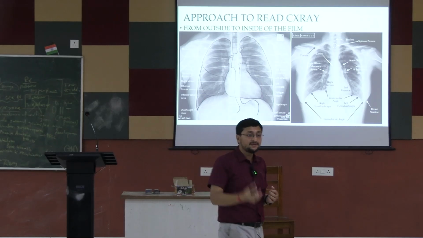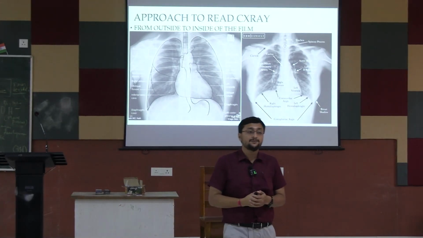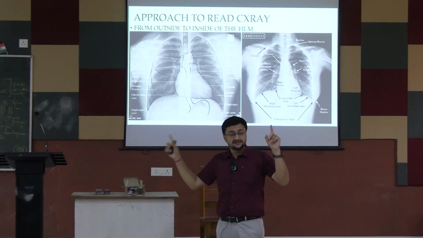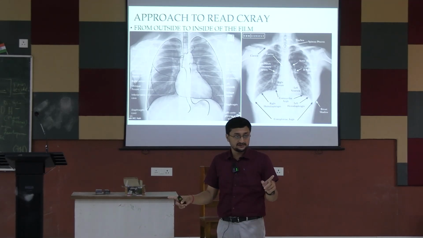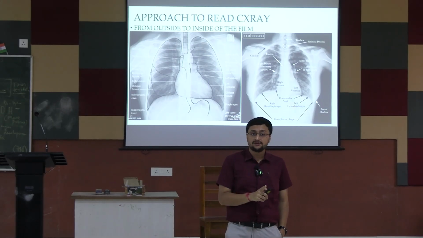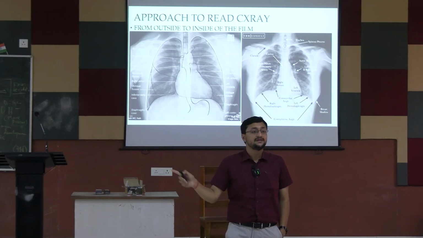That means maybe this is a case of surgical or subcutaneous emphysema. Okay? So the first is skeletal structures, soft tissue structures, then inside, the trachea. First, is it central in position or deviated? Okay? Next, the parenchymal structures.